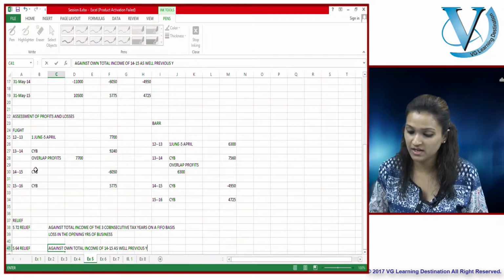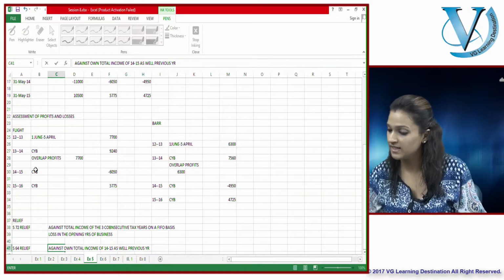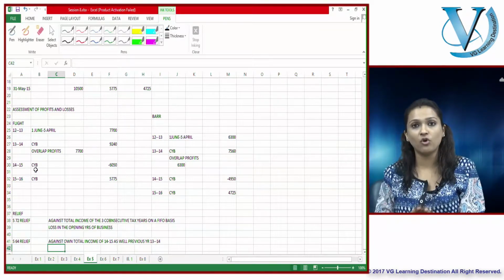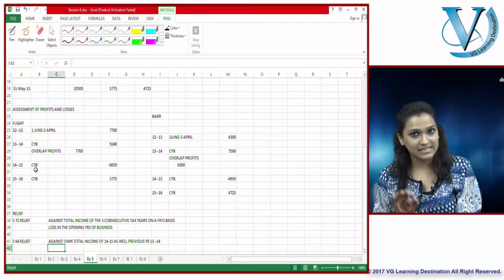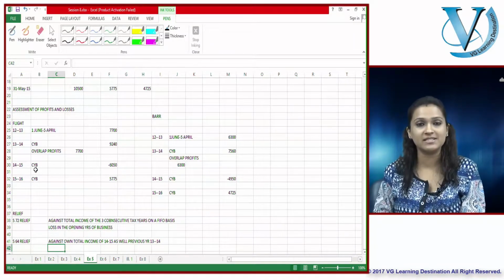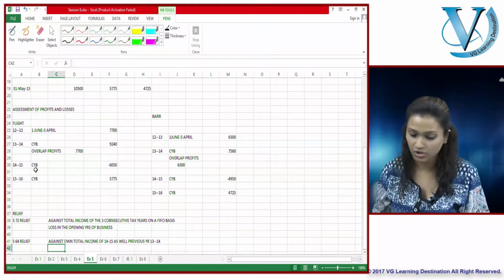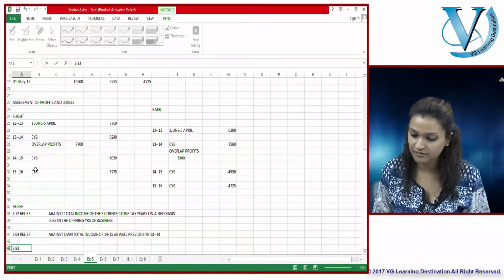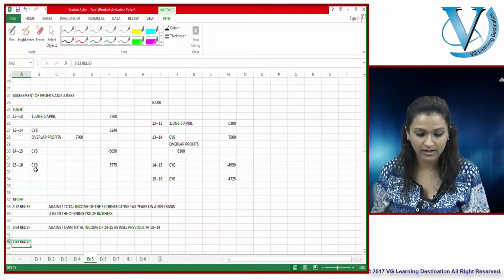What is your previous year? Your previous year is 13-14 as well. So again, section 64, you have a relief available against the current year of the loss and the previous year, which is 13-14. Also, you have available a section 83 relief, which is what?